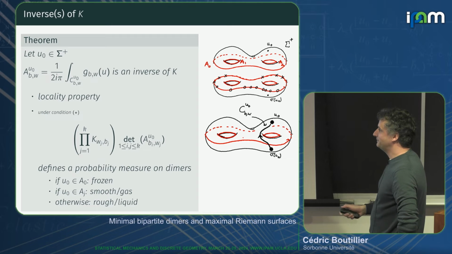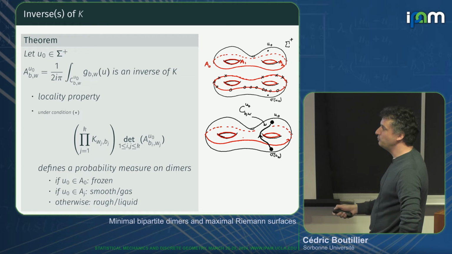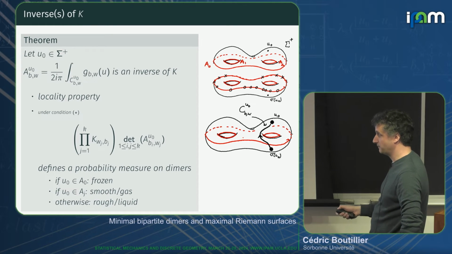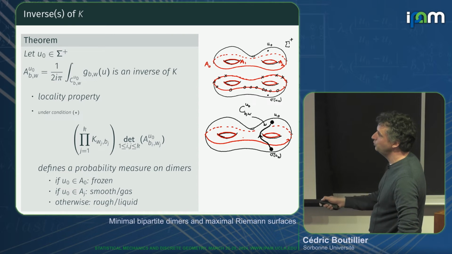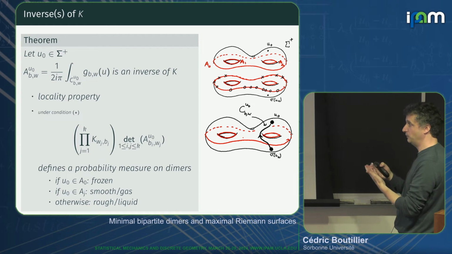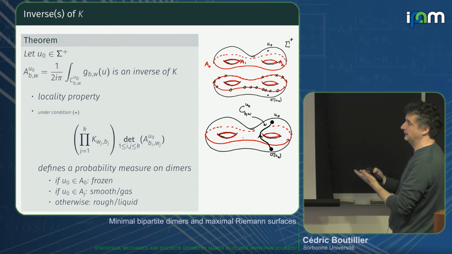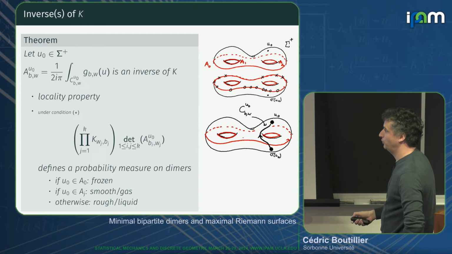And under some technical condition, we can show that, using this locality property, the formula we had in the periodic case, but now with the inverse Fourier coefficient replaced by these new matrices, defines a Gibbs measure for any minimal infinite graph.